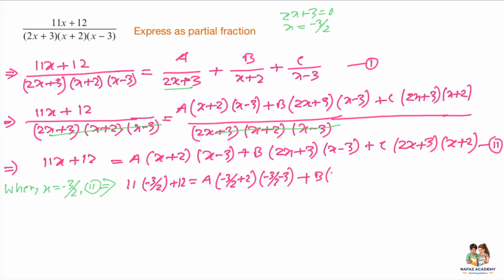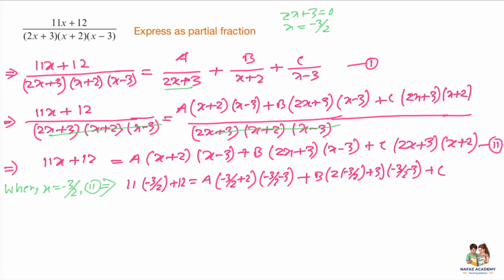You do not need it every time. You write the 0 directly. I'm taking the value x equals minus 3 over 2 from the 2x plus 3 factor. So in equation 2, the 2x plus 3 part must be 0.